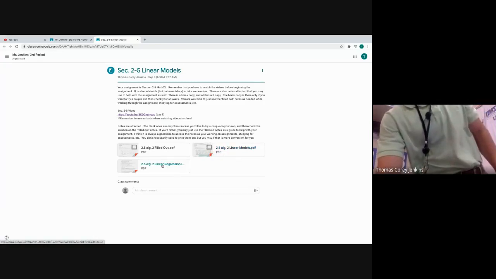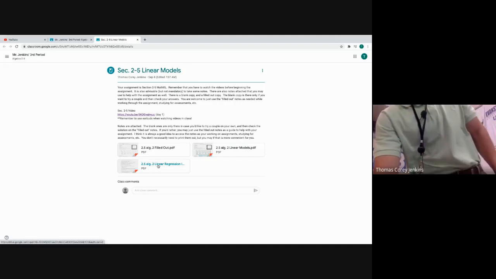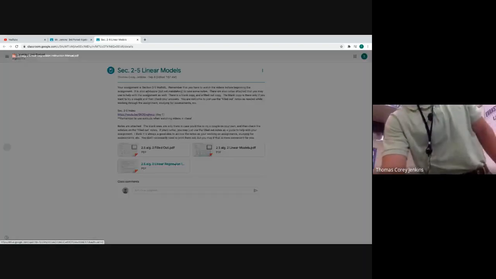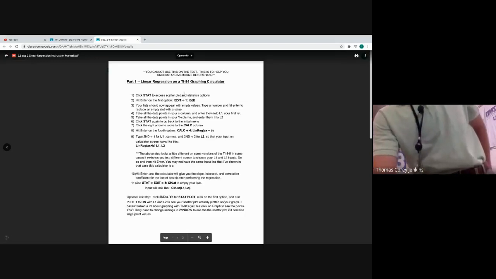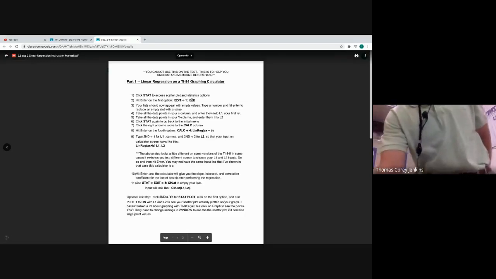This bottom one that says 2.5 and linear regression, you're going to open that. You might want to print this out eventually. This part up front basically summarizes what we do in class for graphing calculator people, but there is a page 2 that'll show you how to do what we're doing on Desmos.